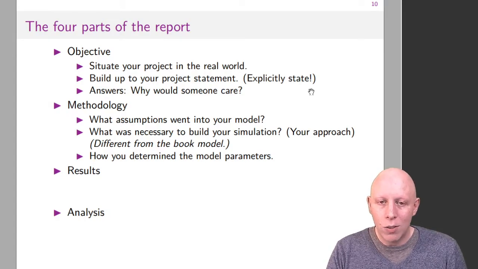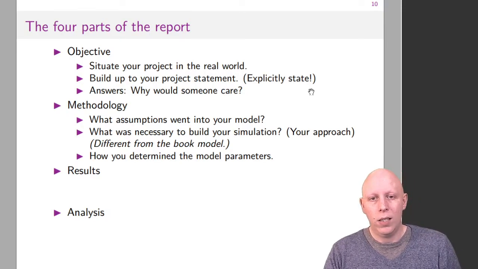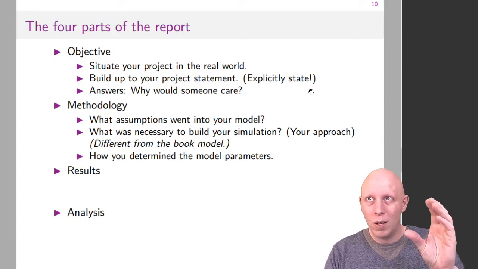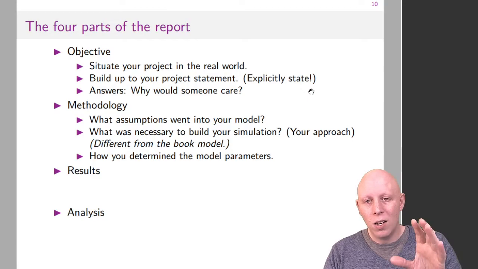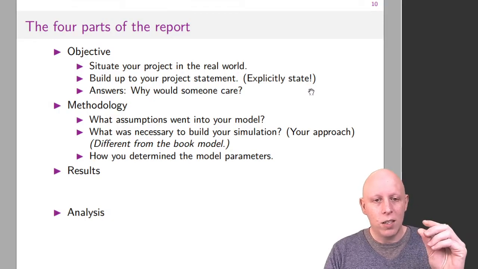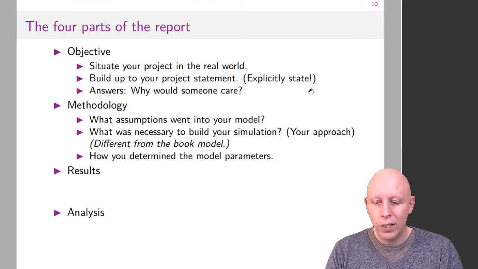What was your philosophy behind those parameters? And so your objective section should be at most a half a page. Your methodology may take up the rest of that first page. It can go slightly onto the second page if necessary.